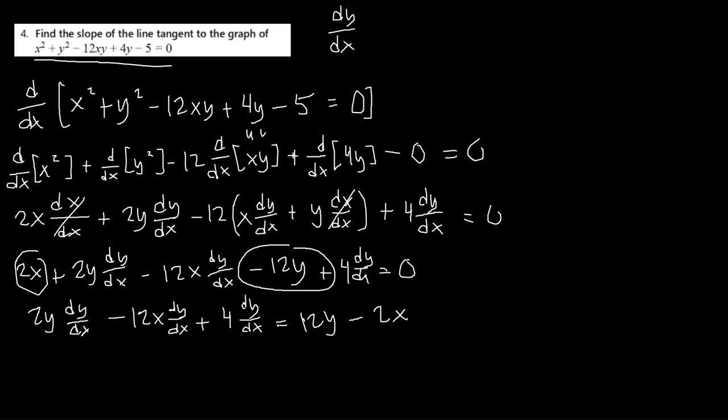Now we can group these terms on the left side and factor out dy over dx, so we separate dy over dx from each of these terms to get this, equals 12y minus 2x.